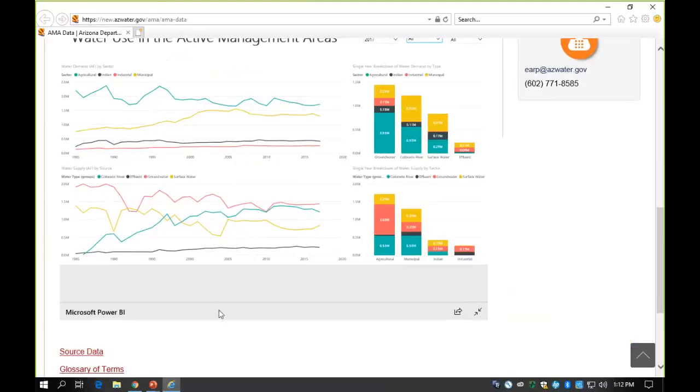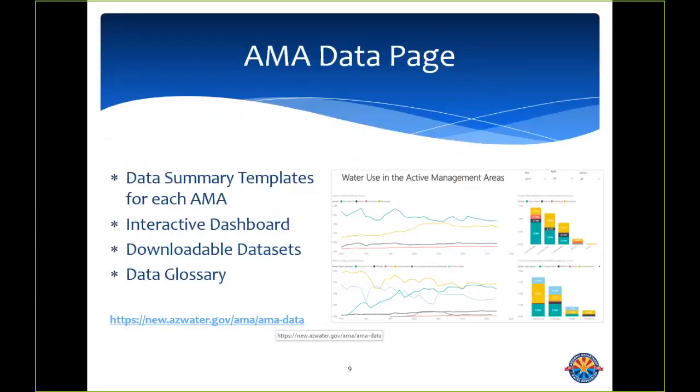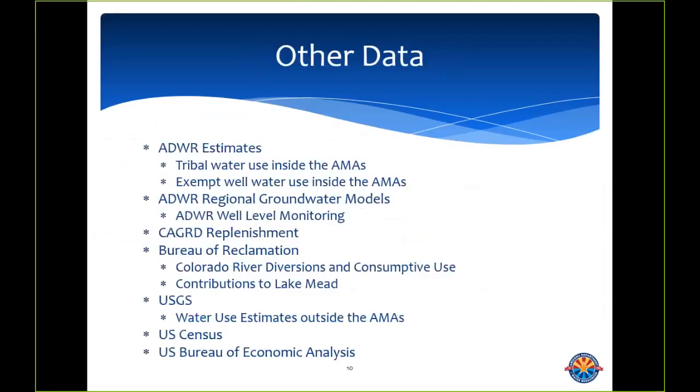So let me go back to the presentation. I mentioned earlier in talking about our compilation process that we do pull from other data sources in order to generate those statewide water use estimates. We know that our reported data is incomplete.